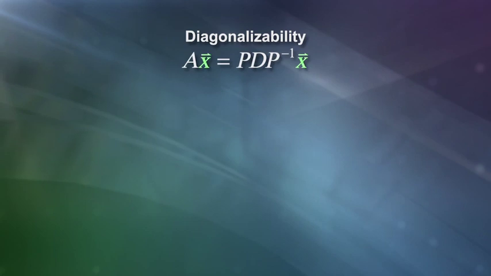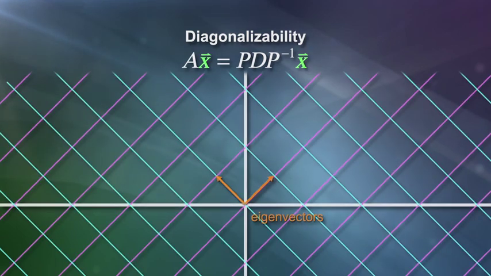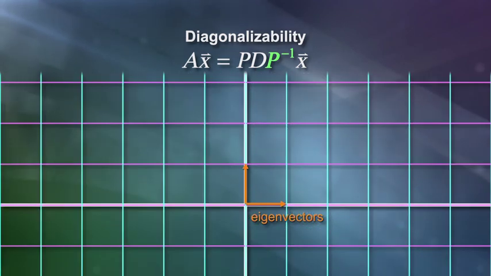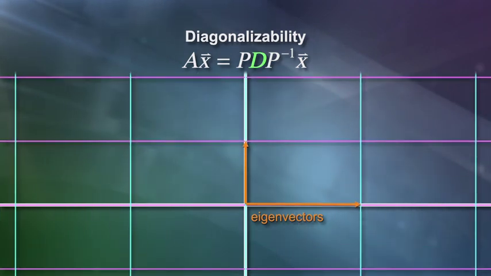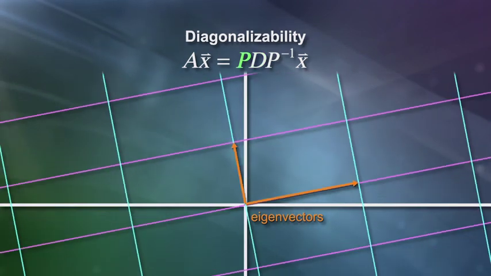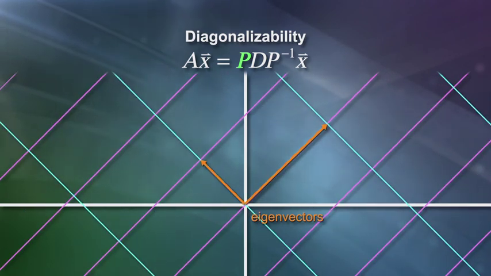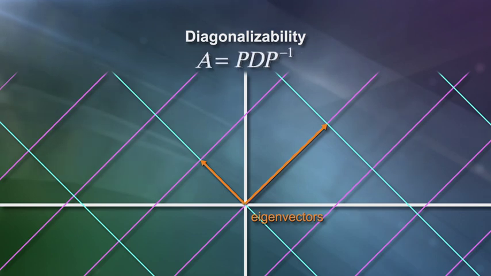If you're expressing vectors with coordinates in the standard basis, then the claim is that the action of A will look just like the action of first multiplying by P inverse on the left, which changes coordinates in the standard basis to coordinates in the new basis, then performing D, which scales the axes in the new basis, then changing the new basis back to the standard basis with P. And so that's why A equals P D P inverse.